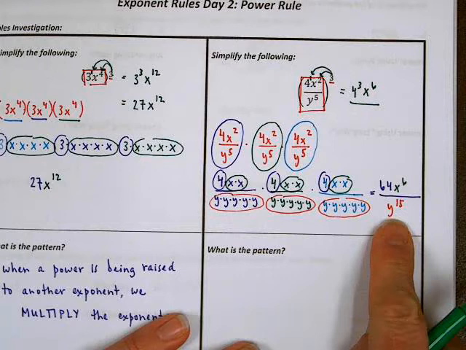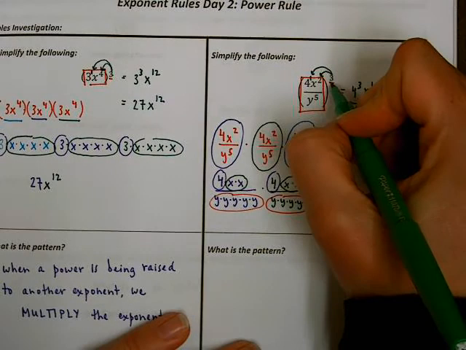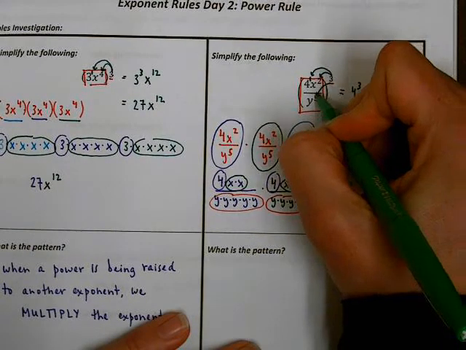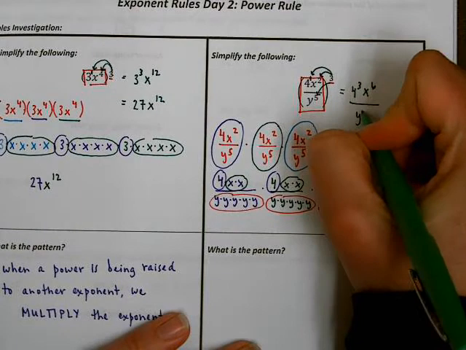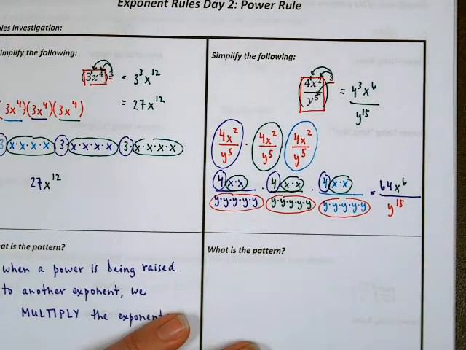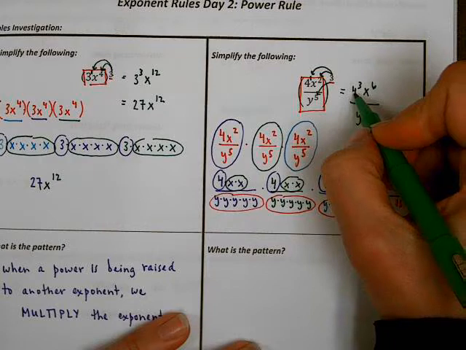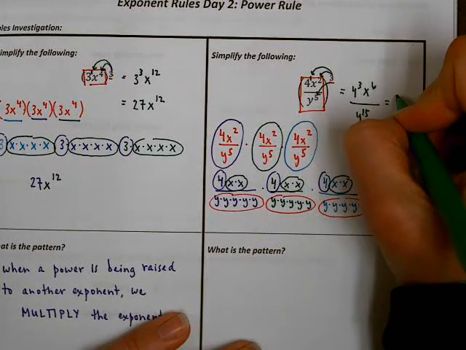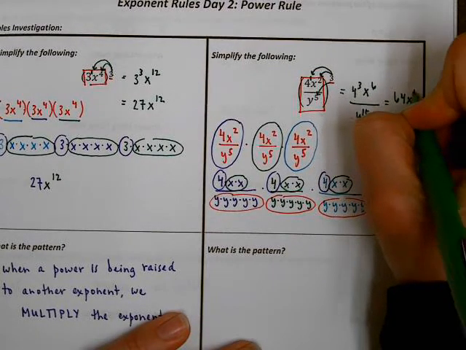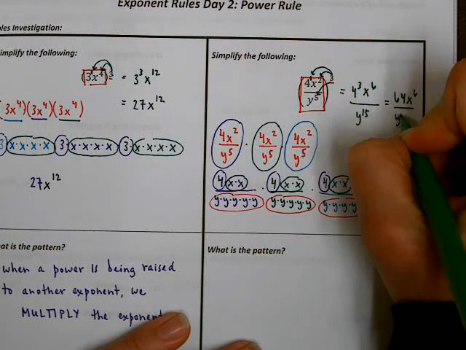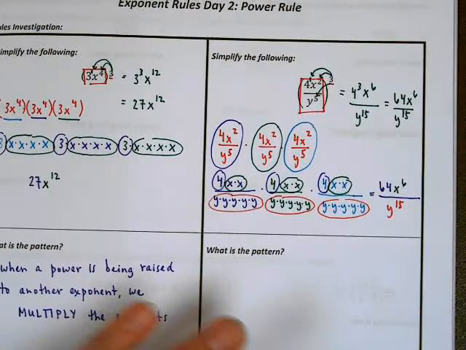And you can see on the bottom now, I also have to take that 3 and multiply it by the 5, so I get y to the 15th power. And if I were to simplify this in my calculator, 4 to the third, I do get 64x to the 6th over y to the 15th power.